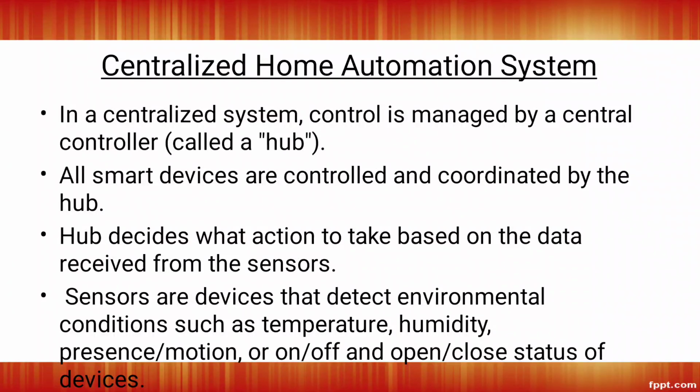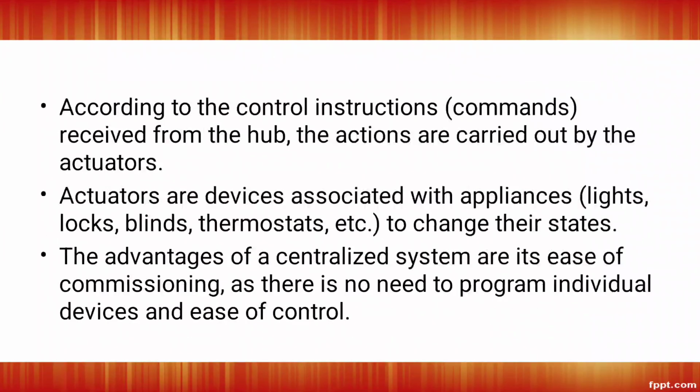The hub decides what action to take based on the data received from the sensors and gives this to all other nodes. Sensors are devices that detect environmental conditions such as temperature and humidity. According to the control instruction received from the hub, the actions are carried out by the actuators.